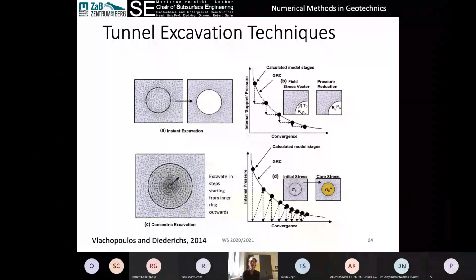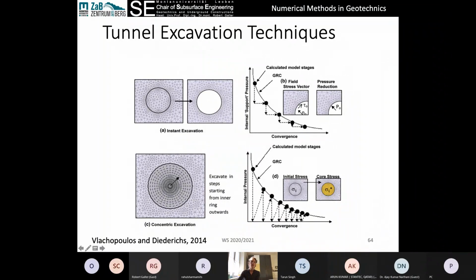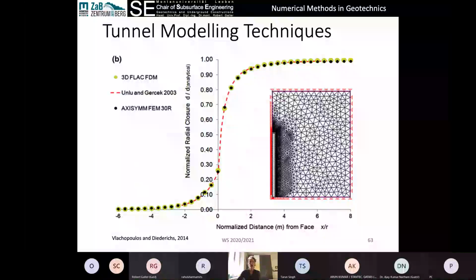It's too dramatic, it's too instantaneous. What it's saying is that in stage 1, no deformation. In stage 2, 100% deformation. And then we install our support. But that's not actually how it goes.